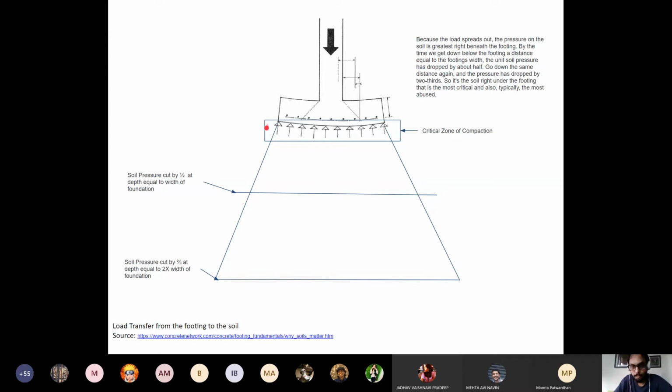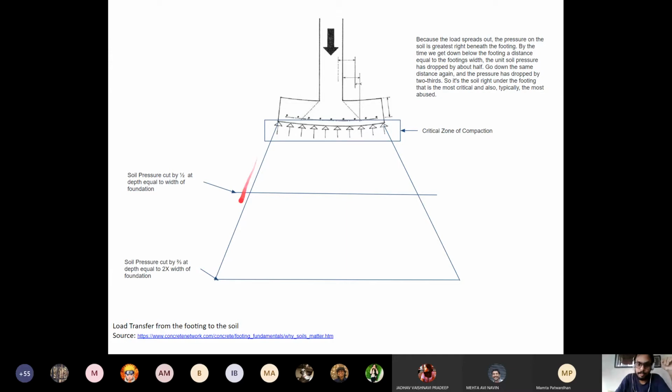This is very important. I'll read it out: because the load spreads out, the pressure on the soil is greatest right beneath the footing, and by the time we get down below the footing a distance equal to the footing width, the unit soil pressure has dropped to about half.